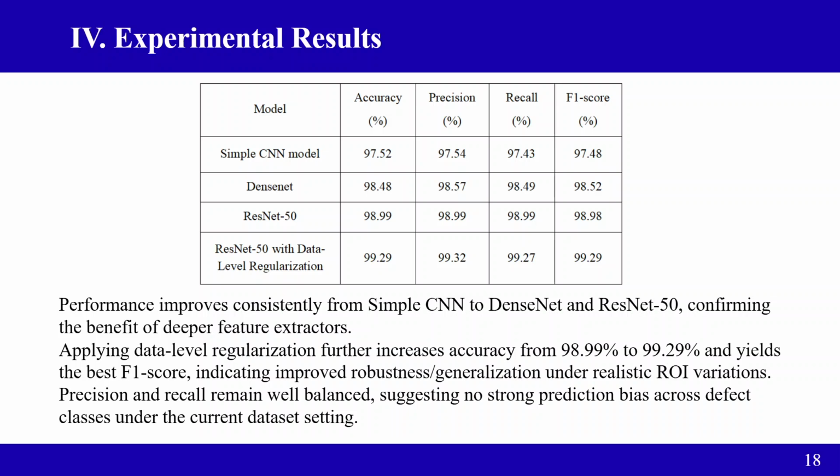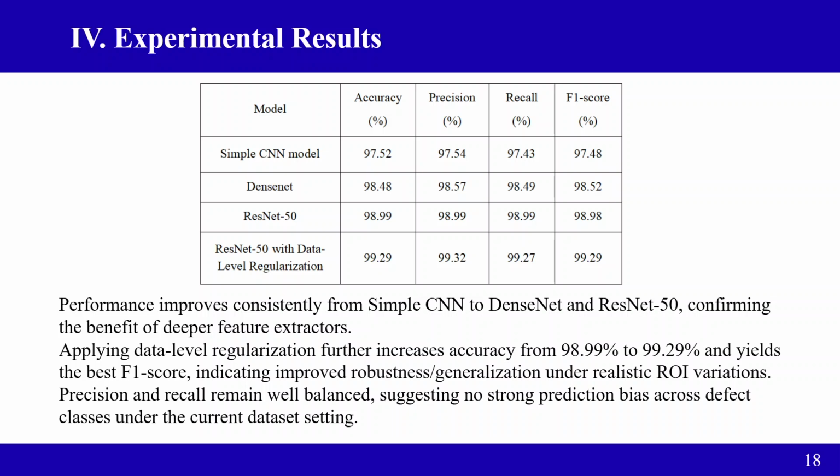This is our experimental result. The performance improves from a simple CNN to DenseNet and then to ResNet 50, showing the advantage of a deeper feature extractor. More importantly, data augmentation further improves the results.